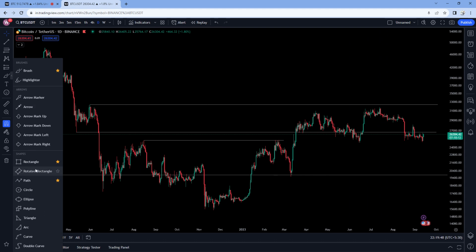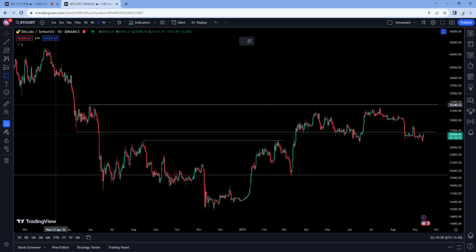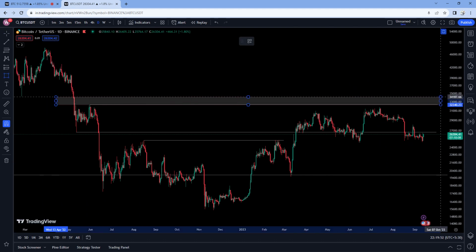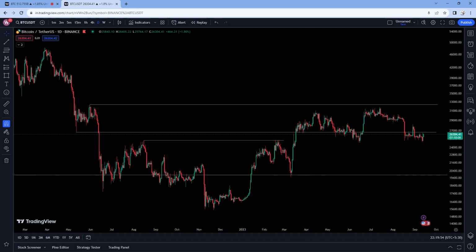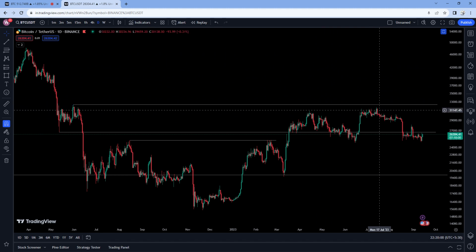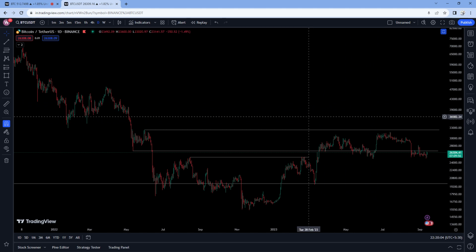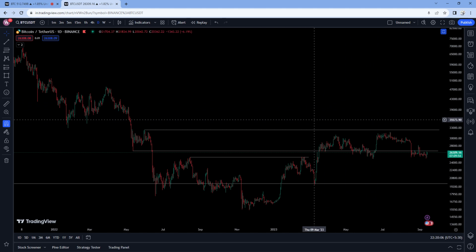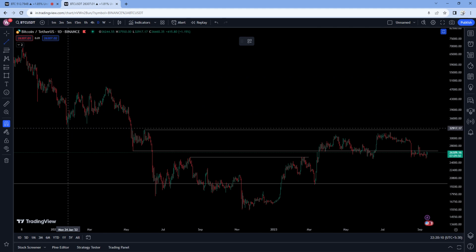For some people it must have looked like this, those resistance people. I don't like to draw resistance, I usually draw liquidity at highs and lows. A lot of people, I think Isfaq also posted that he was expecting 34 or 35k levels. I think he was talking about this range.